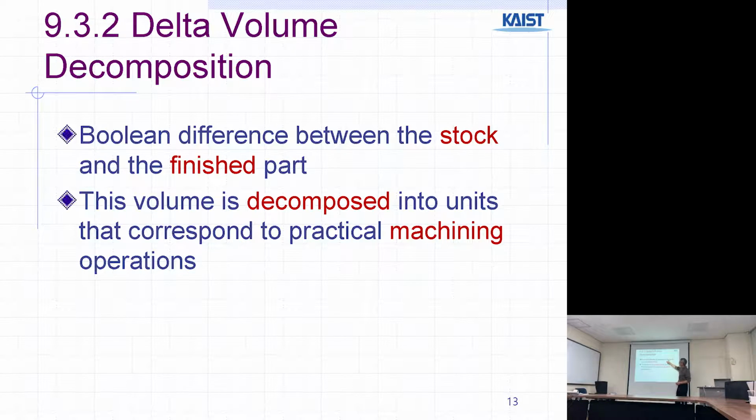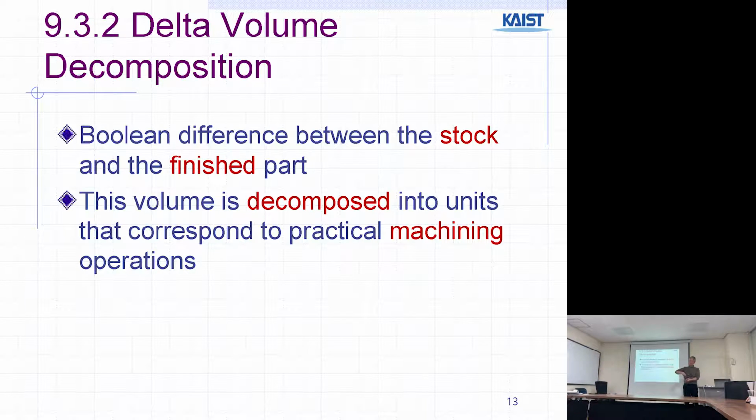And the difference between stock and the final part we call delta volume. That should be removed by some machining operation, right? So stock minus delta volume, then you arrive at the finished part. And delta volume remains as pieces of metal, right?